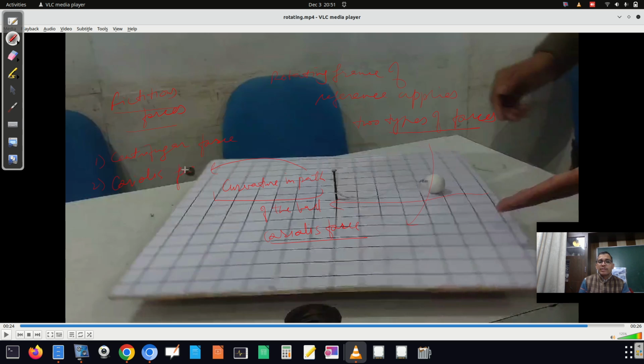So this is our experimental observation. We are assuming that the two types of forces are acting on the system.